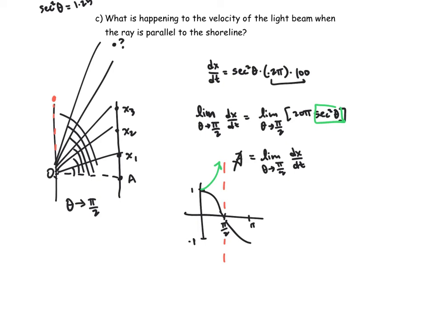Since that's true, we can say that dx dt is inconclusive as theta approaches pi over 2. What that really means is that we can't determine how fast that light ray is moving as the beacon shines parallel to the shoreline. We've got one more example here, and then that'll be it for this lesson.